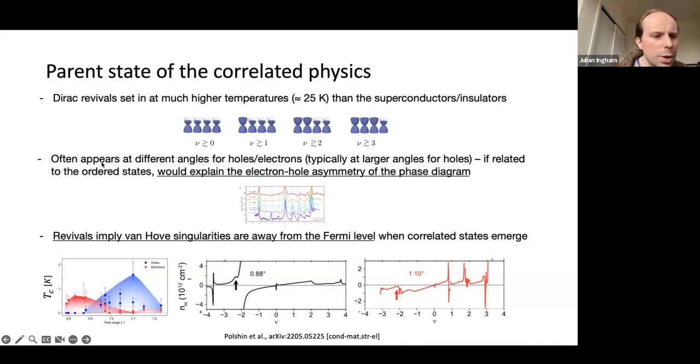This is 1.1 degrees, and if we look at the data once again, here at 1.1, TC for electrons is 0, whereas TC for holes is maximal. So we see the same trend: as soon as the Van Hove singularity appears, TC actually drops to 0, and the more robust the revival is, the higher TC is.